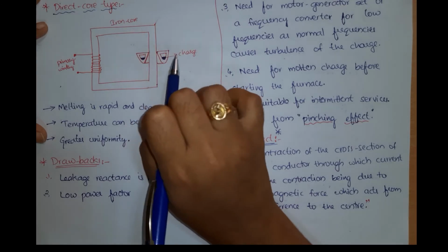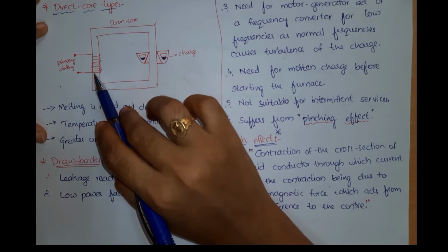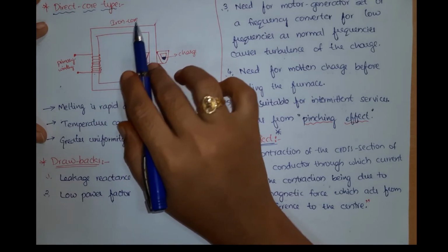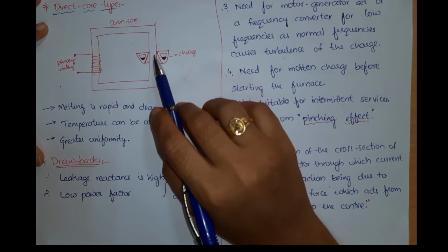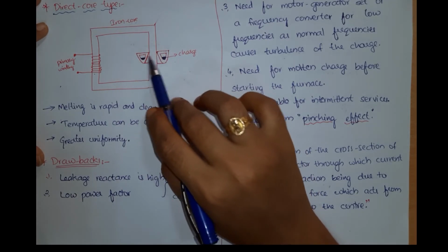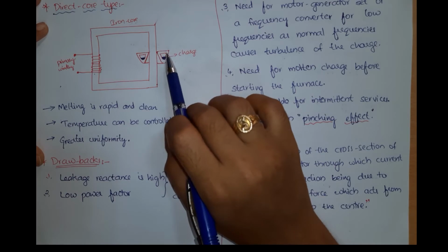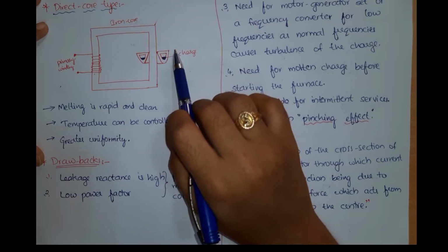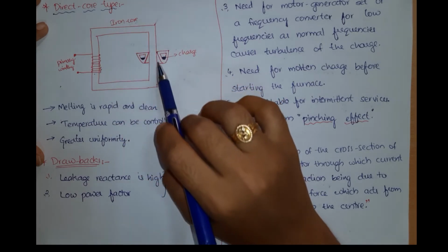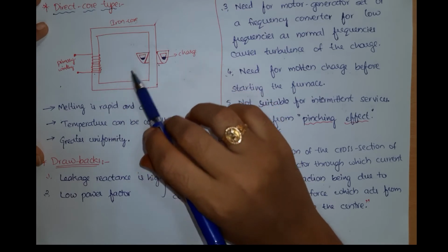This forms a single turn short circuited secondary and is magnetically coupled to the primary with the help of the iron core, right? So when there is no molten material in this ring, that means no charge which is to be heated, the secondary is open circuited. If it is open circuited, that means there is no secondary current forming, so the furnace will not be able to start.